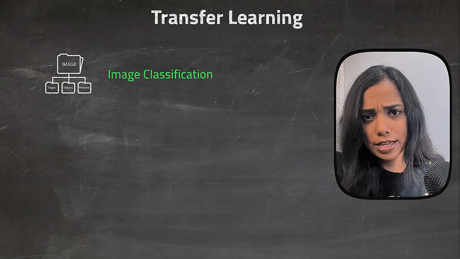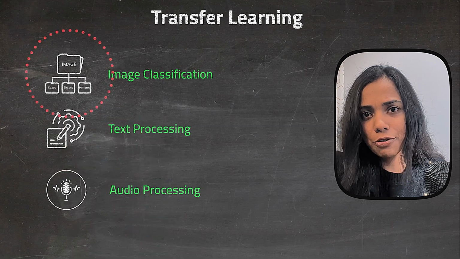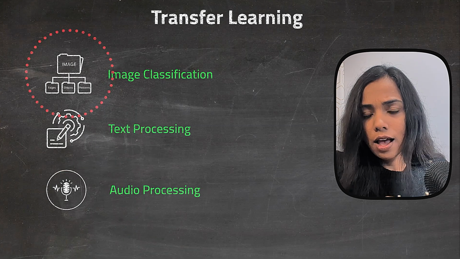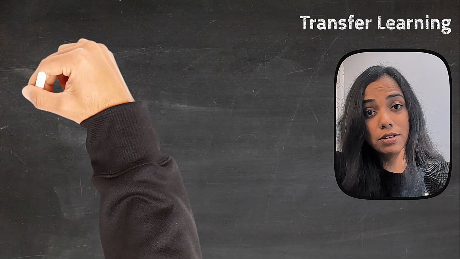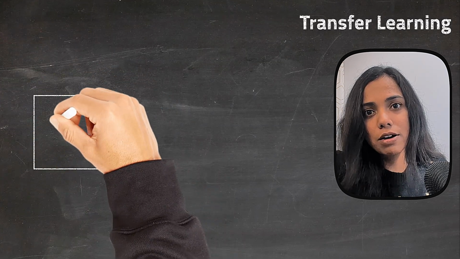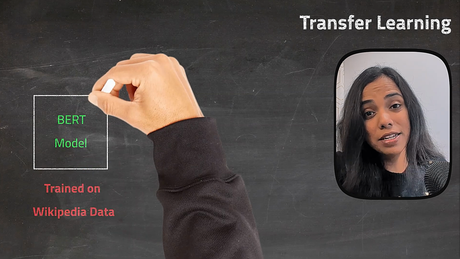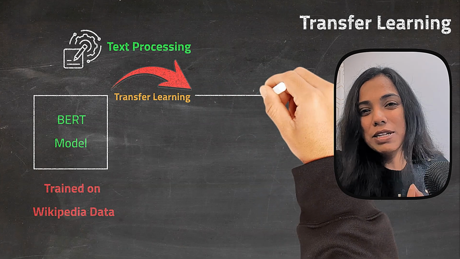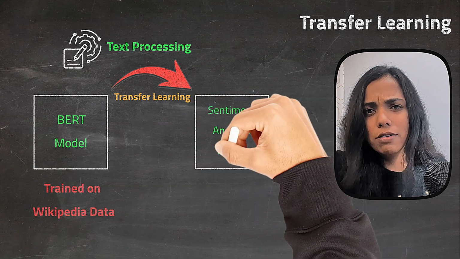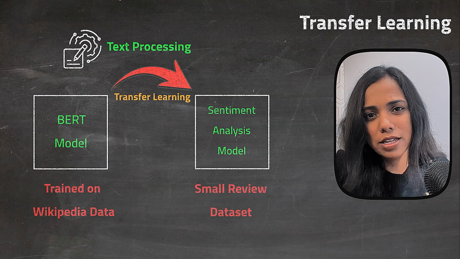We used images as an example to demonstrate how transfer learning works. Transfer learning, however, can be used in text, for example, using a BERT model trained on vast amounts of Wikipedia data to conduct customer sentiment analysis where you have a small review data set.